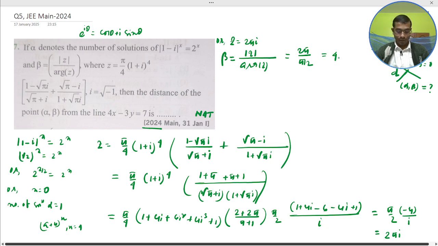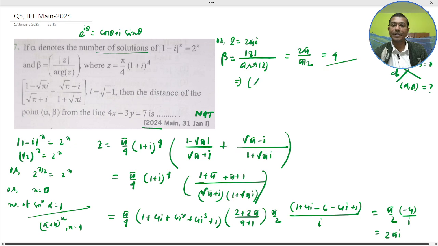And alpha denotes the number of solutions of this equation. So alpha is 1, and beta is 4.